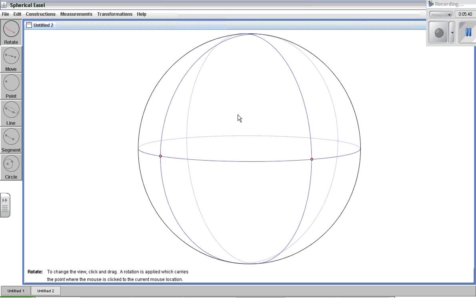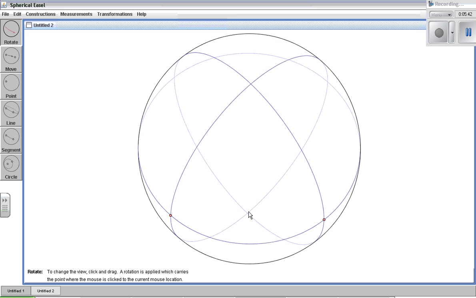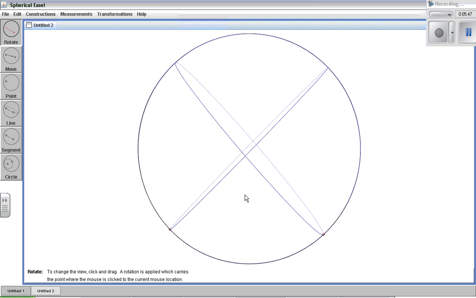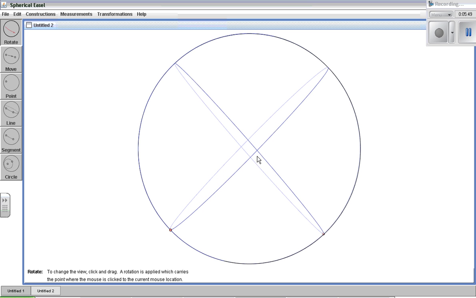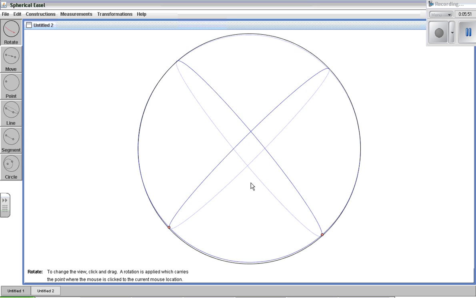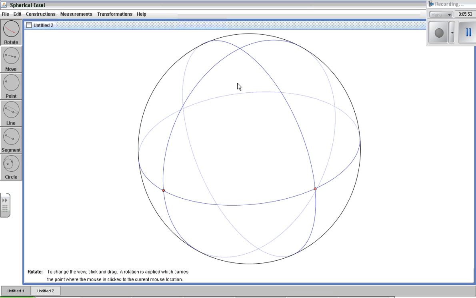Here's another example of a triangle that has more than 180 degrees, because those were both 90 degrees. We made them be perpendicular. And these appear to be nearly perpendicular, at least. Maybe they are.